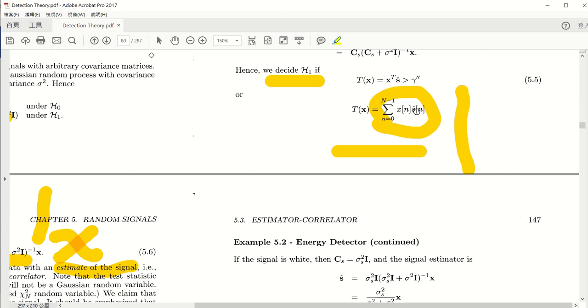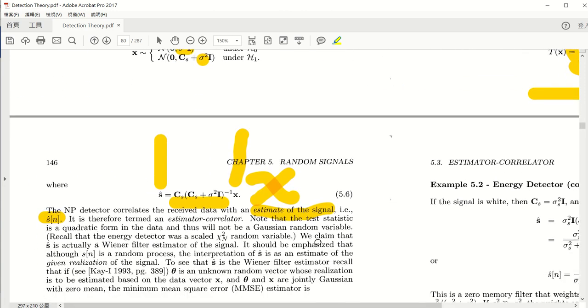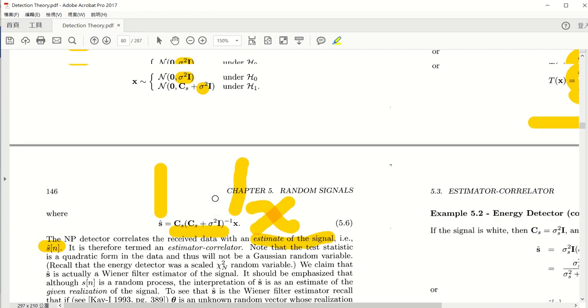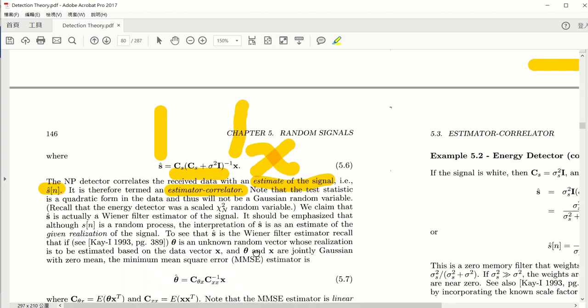This is in fact a correlation. Mathematically, we can think of this as a correlation between the received data and S hat. However, S hat is an estimate of the signal, so we can call this an estimated correlator. We estimate the signal from the data, and then we correlate the data with the signal. So it's an estimated correlator.